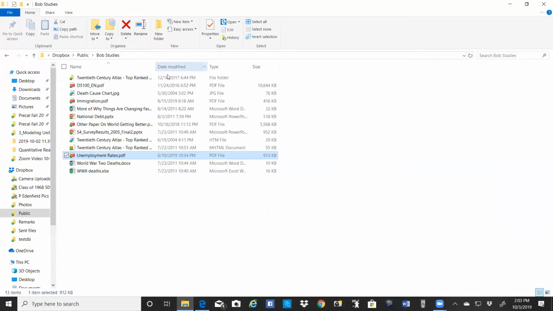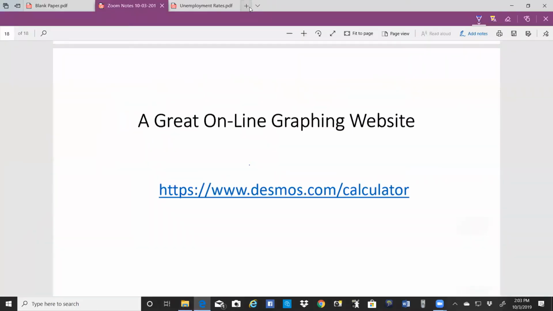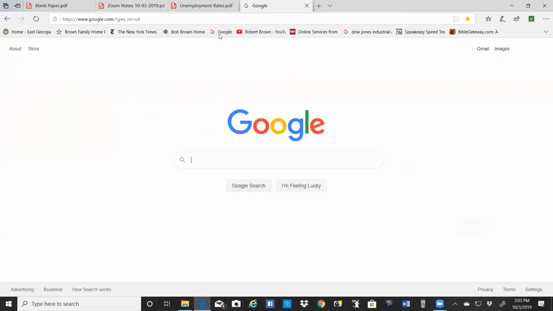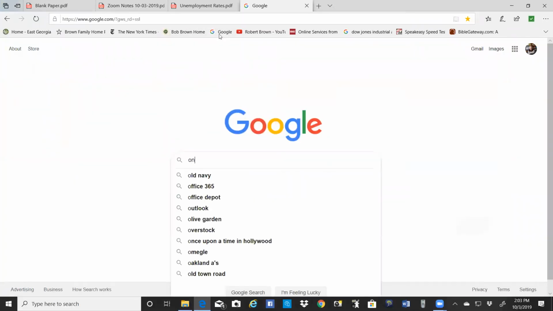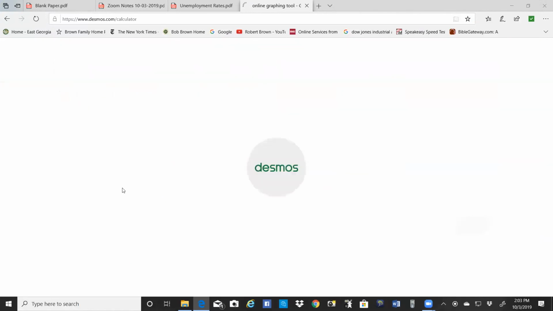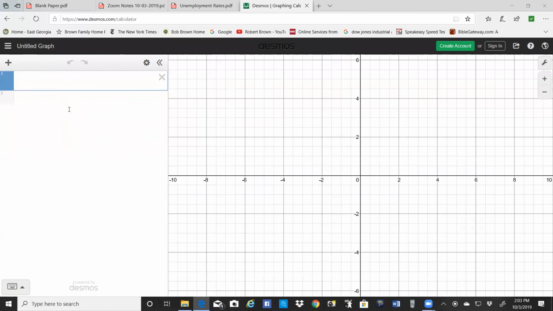For some reason, it's not letting me click. Let me just go find the place. Online graphing tool. And this is absolutely amazing. It's free.